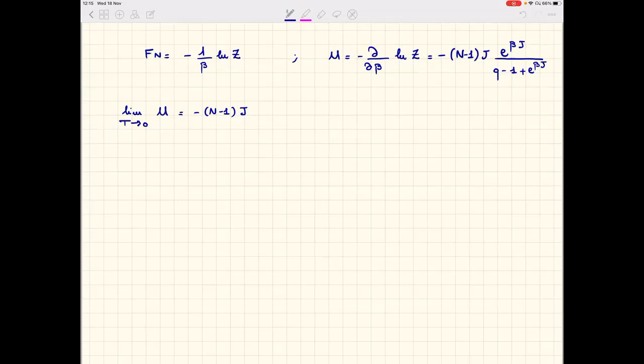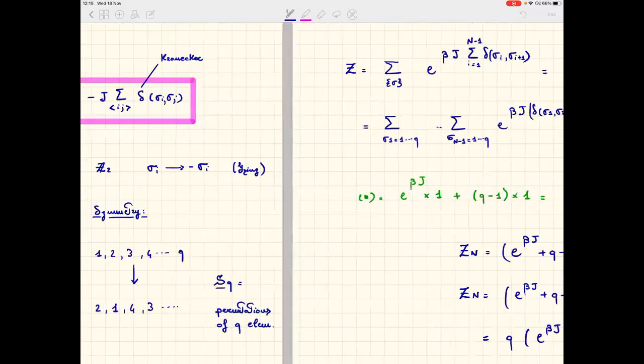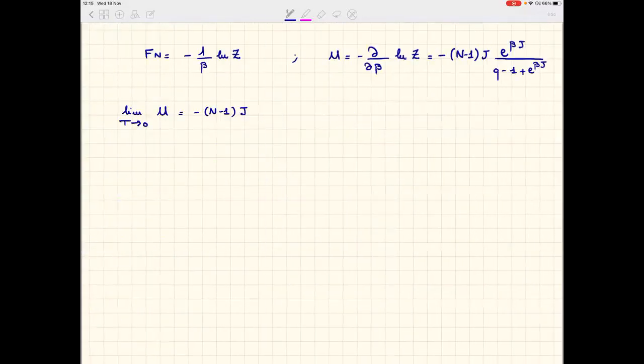Well, 8 if q is equal to 8. In general, for general q, how many? Q, correct. So you will have q degenerate ground states.